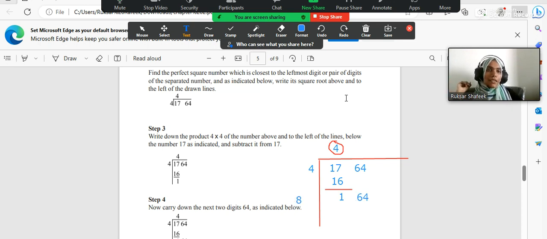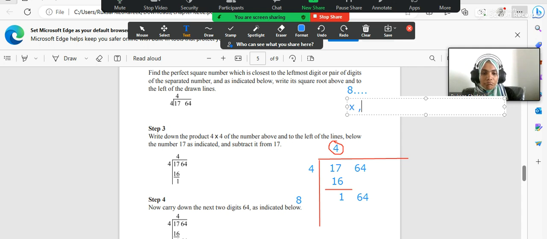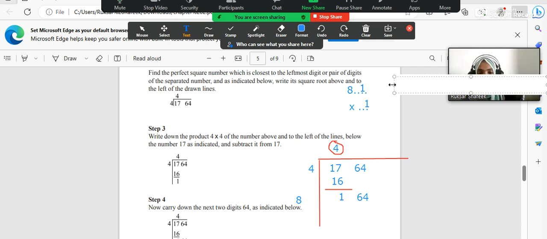Now the next thing that you've got to do is you have 8 and you put down a blank, multiply that by another blank. Now what exactly does this blank mean? Let's say if I'm filling this in with 1, like 81, then I have to multiply this by 1 as well. It's going to be 81 times 1. Or let's say if I'm taking 82, then I have to multiply that by 2.